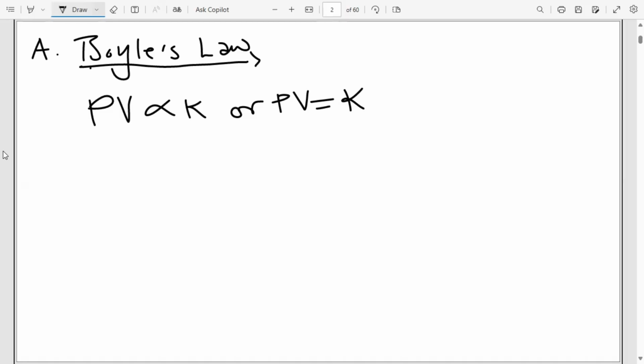So you're going to notice, if you have a container, let me say I have a container here. If the volume of this container is very small, it is going to reduce the distance between the individual gas molecules that we have in this container. And as such, what are you going to notice?